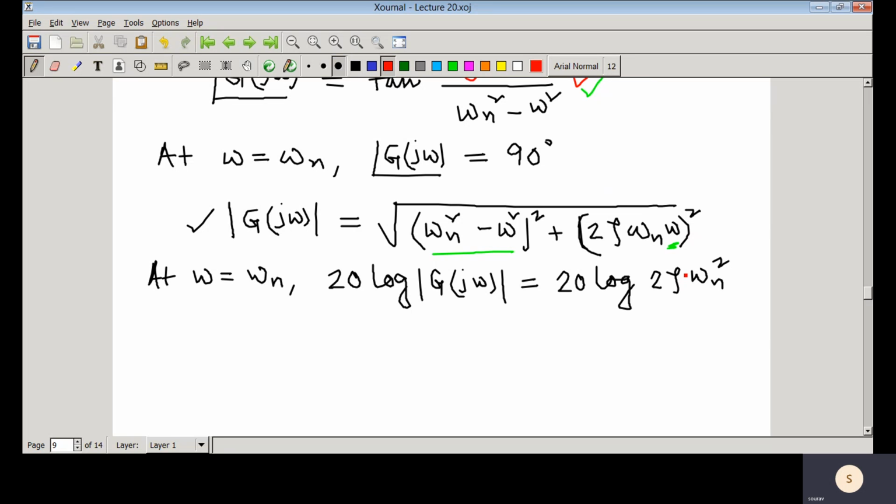So here also we can see that at omega equal to omega n, this particular magnitude depends on zeta. That means if zeta, the damping ratio, is different, then the gain will also be different.